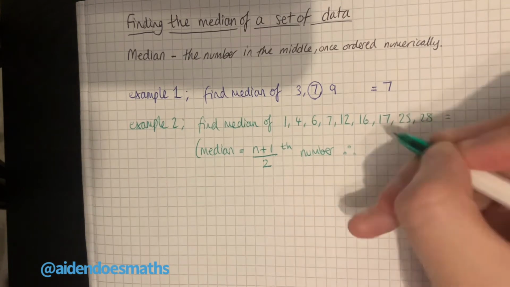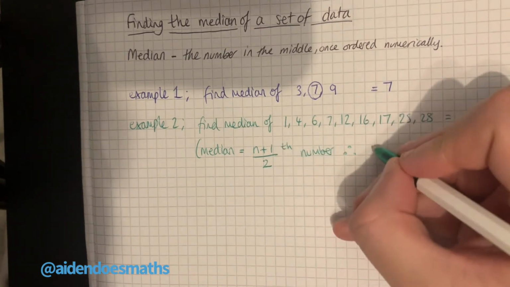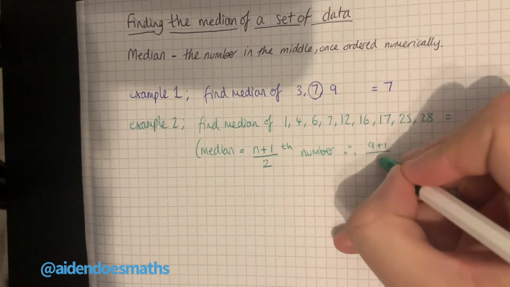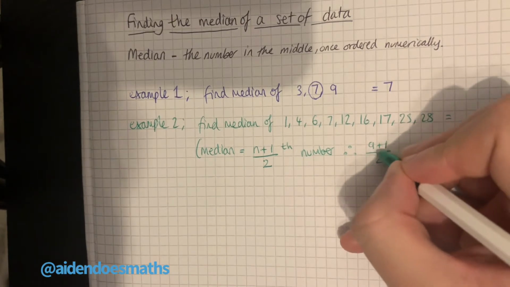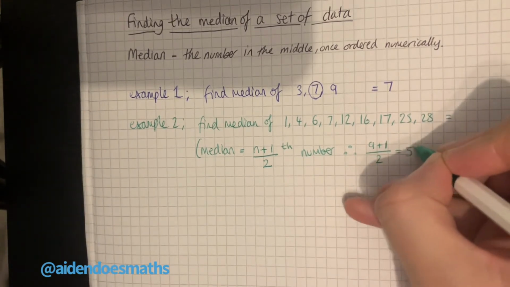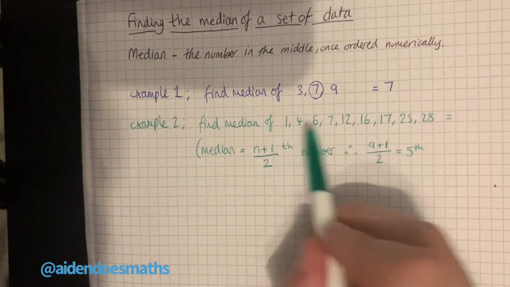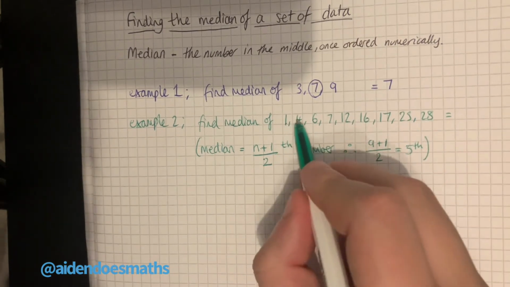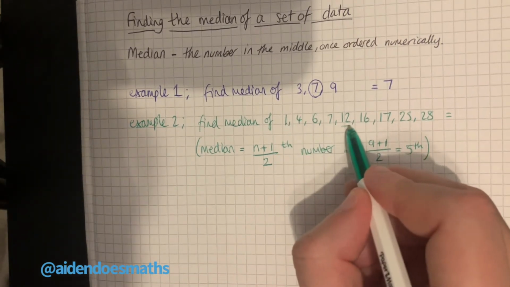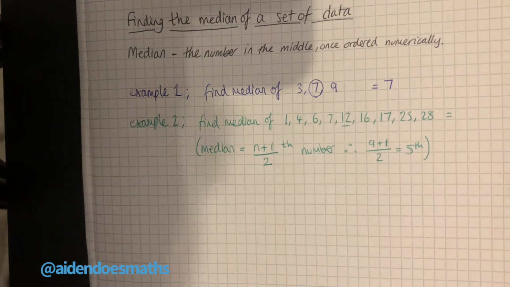So in this case, n would be 9 because there's 9 numbers. So 9 plus 1 over 2, 10 over 2 is our 5th number. So we can see here, 1, 2, 3, 4, 5. We're expecting it to be 12. We're just going to double check.